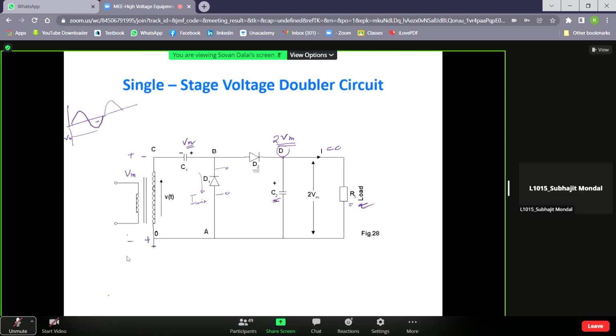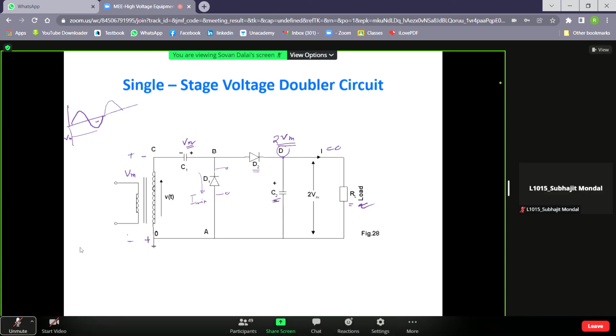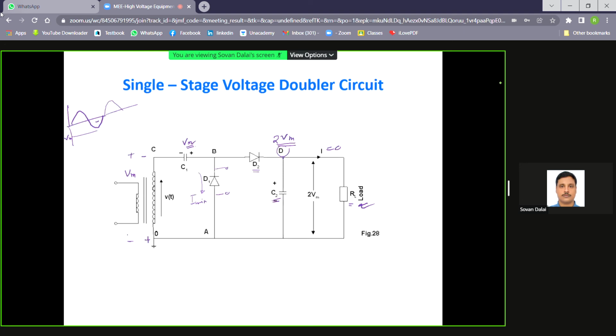Yes, sir. A student asks: sir, when C1 is initially charged, the time constant is very small, so the diode may get damaged. Very good catch. If you simulate this circuit piece-wise with these components, you will not get the expected output; there is some error in that simulation.